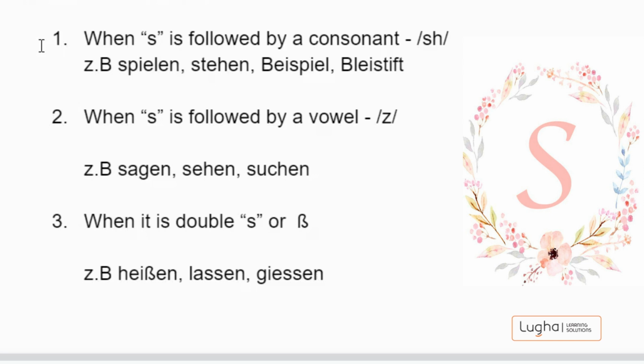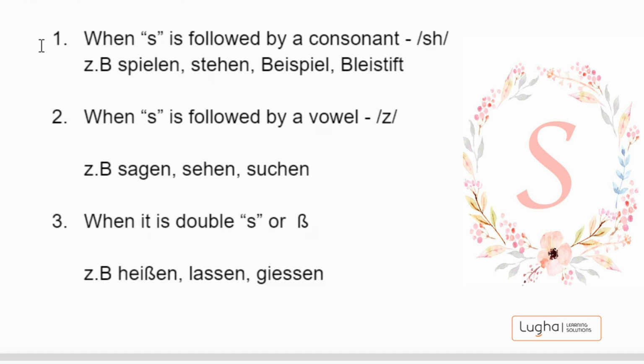That's rule number 1. Rule number 2 is that when S is followed by a vowel, then we pronounce it as Z. Zum Beispiel sagen, sehen, suchen.